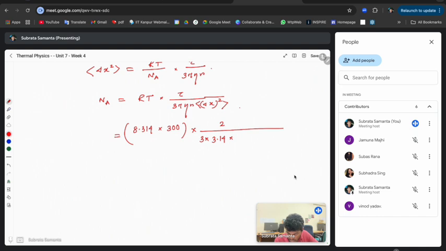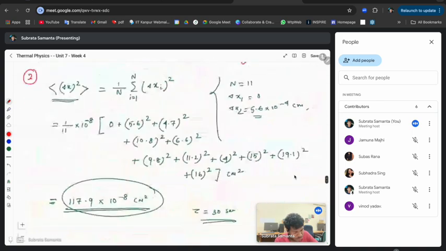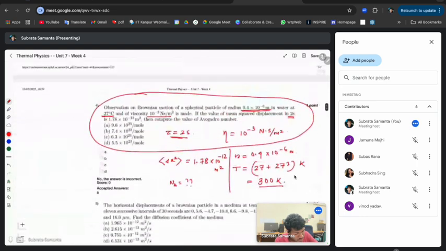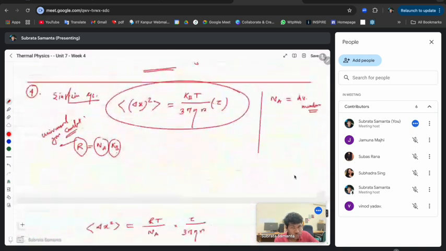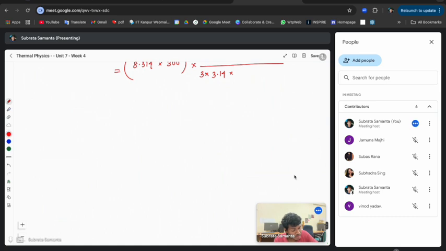And what are the values of eta and r in SI units? The eta value is 10 to the power minus 3 and the r value is 0.4 times 10 to the power minus 6, all in SI unit.